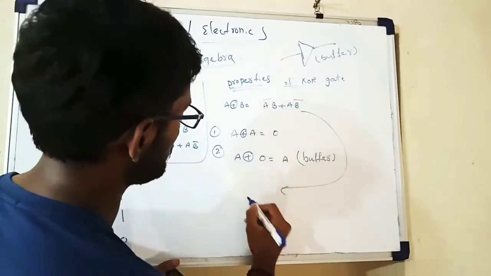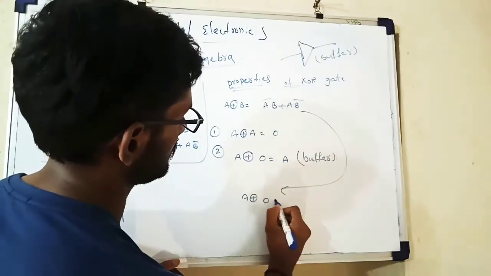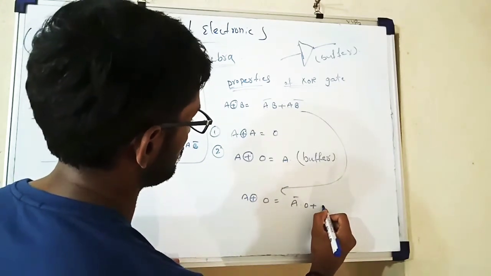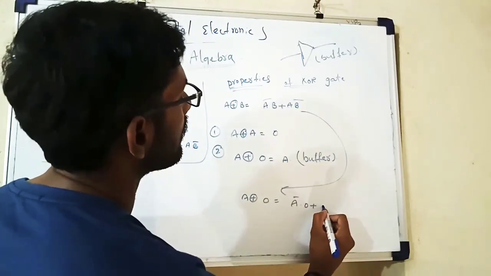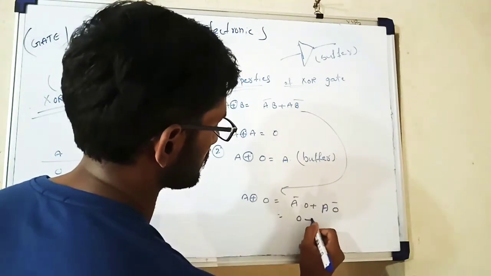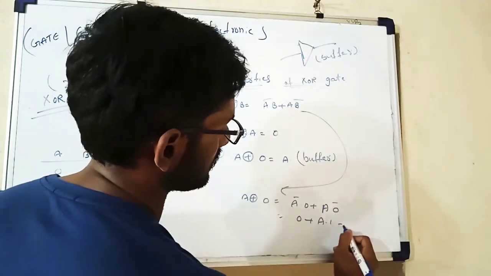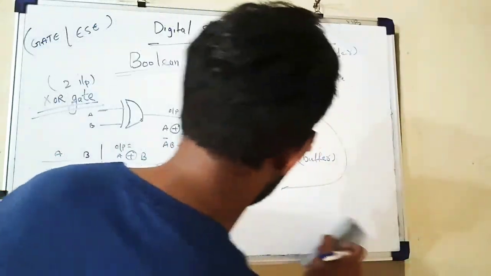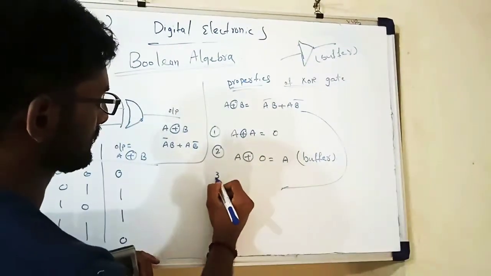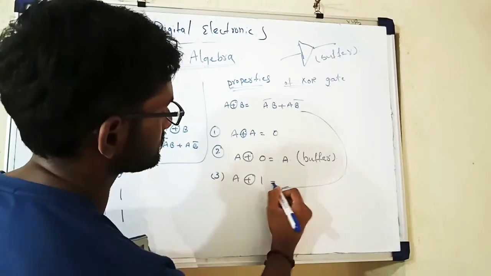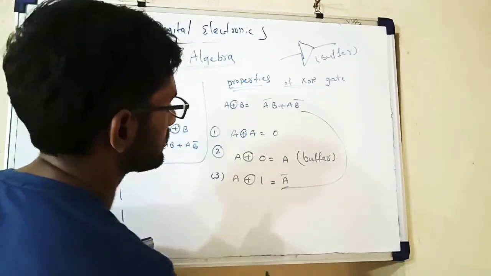From this, replace B by 0, equal to A bar into 0 plus A into 0 bar. 0 into anything is 0, plus 0 bar is 1, equal to A. So I am getting this as A. This is the buffer.